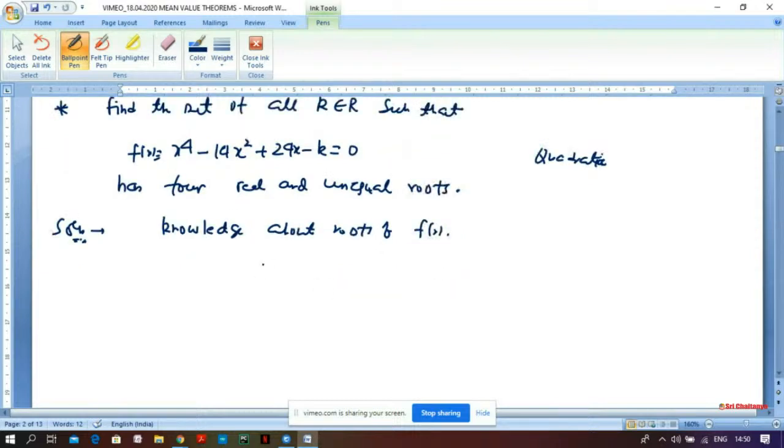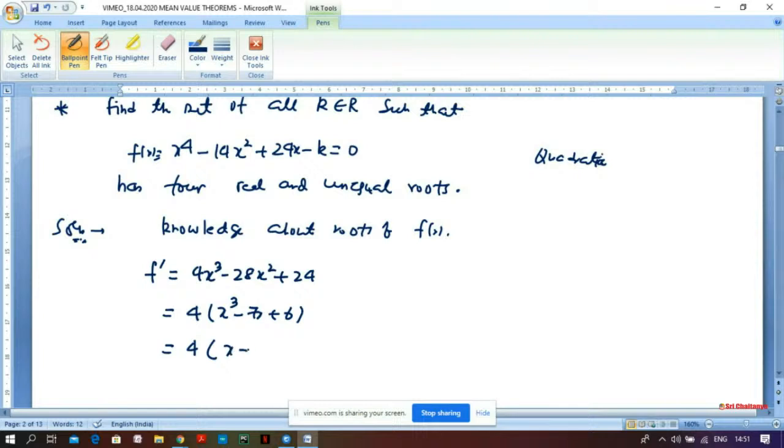Now I do not know roots of f because k is there, so let me get f prime. So f prime equals 4x cube minus 28x plus 24. It turns out that I can factor it, so I will write 4 times x cube minus 7x plus 6.